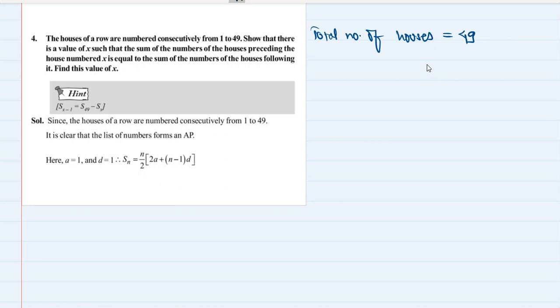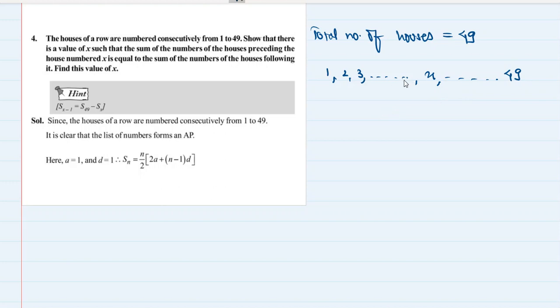So what will be the sum of the numbers of houses up to house x? Let's say that we have got 1, 2, 3 up to x, and then we have got x up to 49.